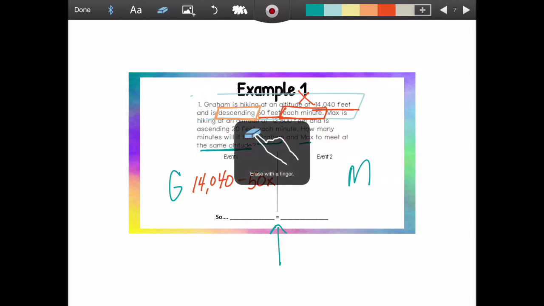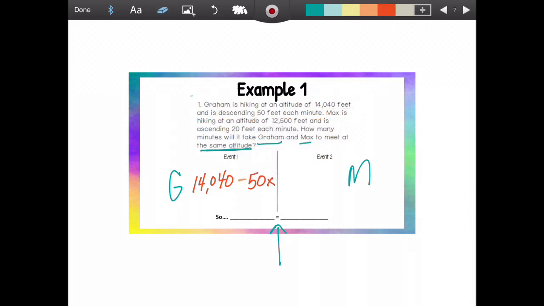Okay, moving to the right side, Max. I'm going to clear a little bit of this. All right, so let's look at Max. It says Max is hiking at an altitude of 12,500 feet and is ascending, okay, at 20 feet each minute. Okay, so we know that he's at 12,500 feet. So we can go ahead and write that part of our expression, 12,500.